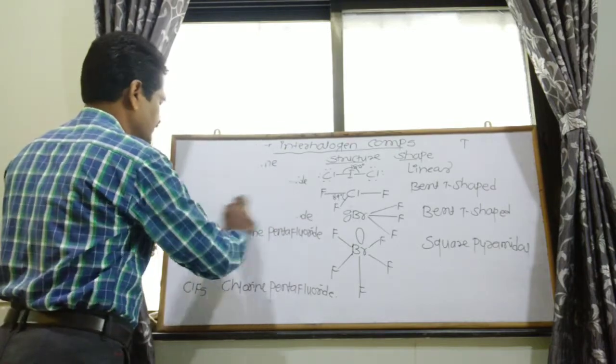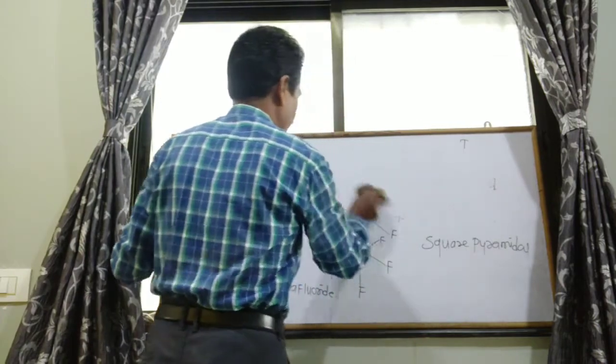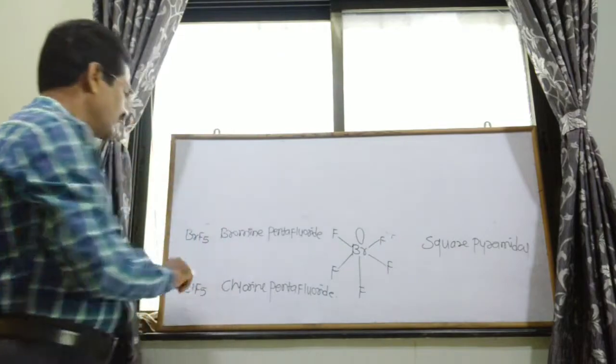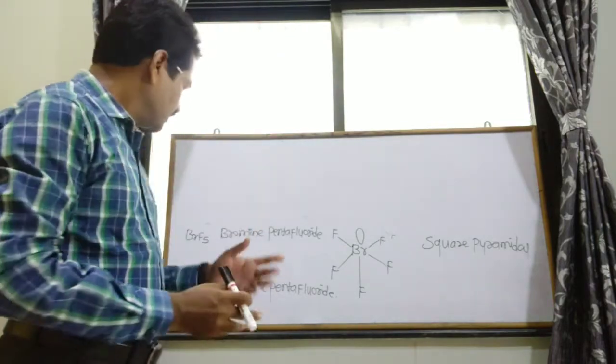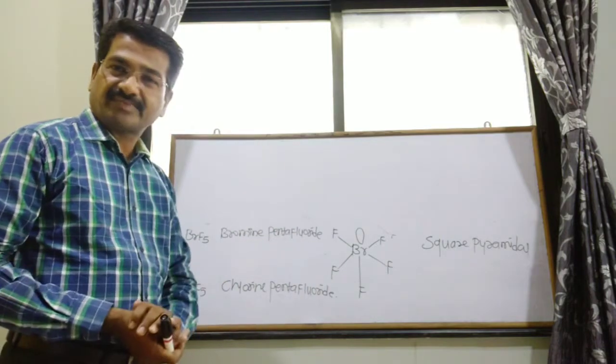After that, see the next structure, BrF5. The name of that compound is bromine pentafluoride.